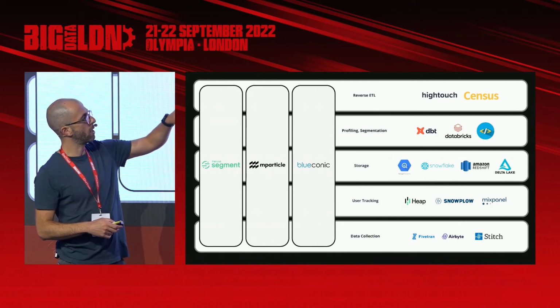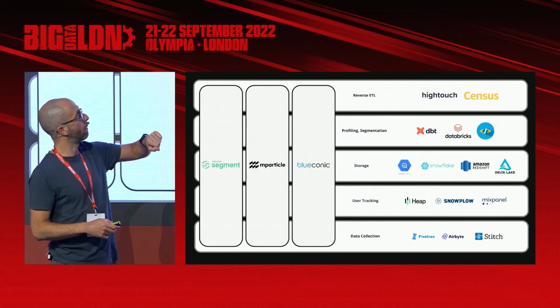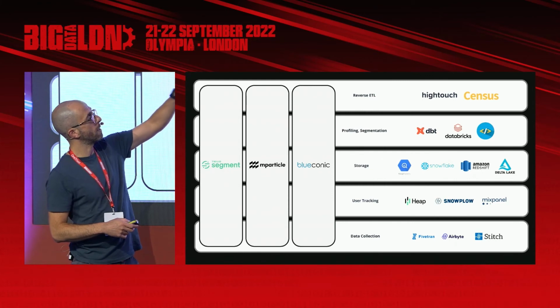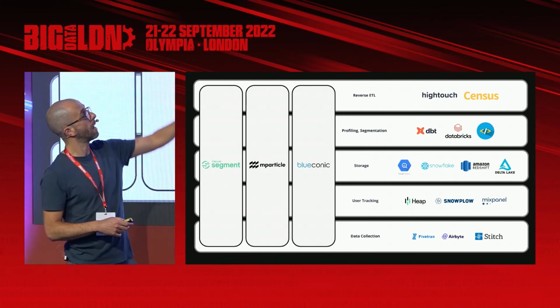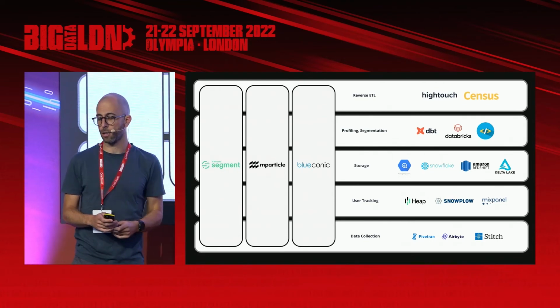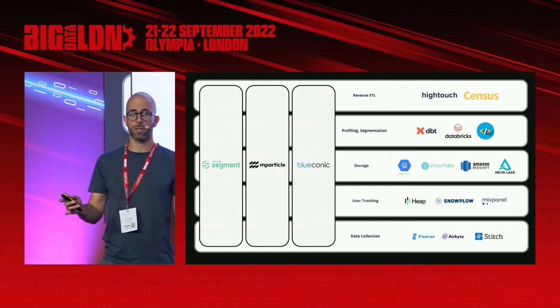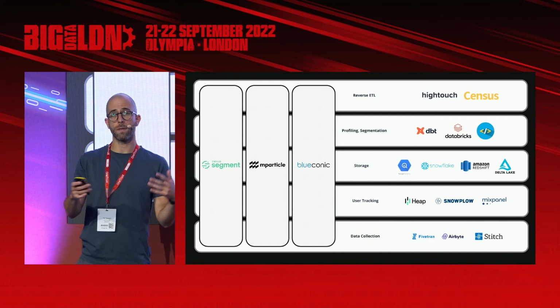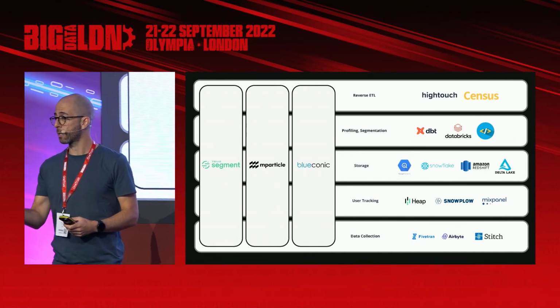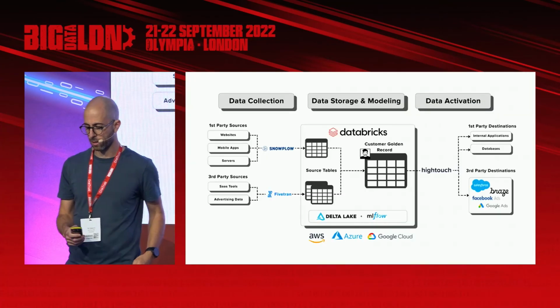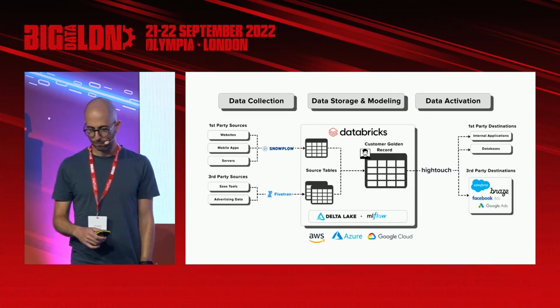They used BigQuery and Delta Lake for their storage and compute layer. They built their segmentation and their profiling in dbt and Databricks, and then they activated that data with Hightouch at the top. But that's just the selection that they're using today. One of the benefits of this approach is they can swap vendors in and out pretty easily. It's not like they're locked to a single monolithic provider.